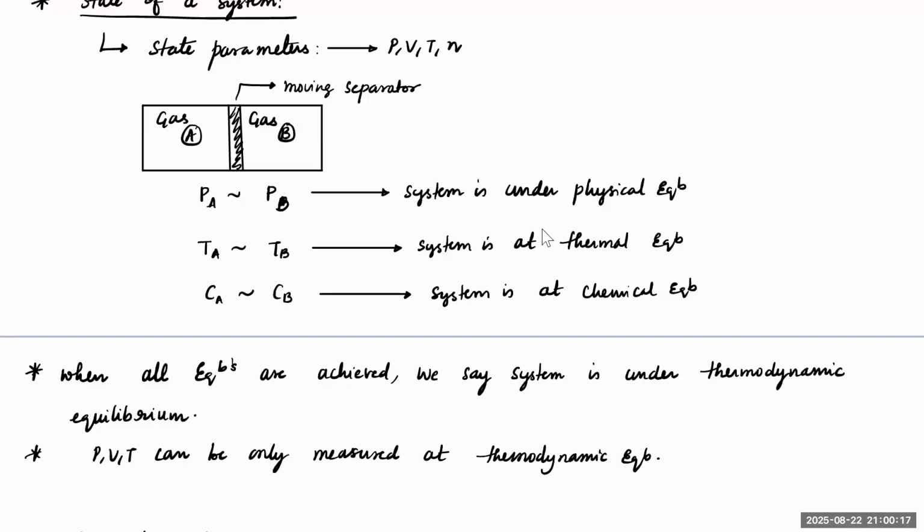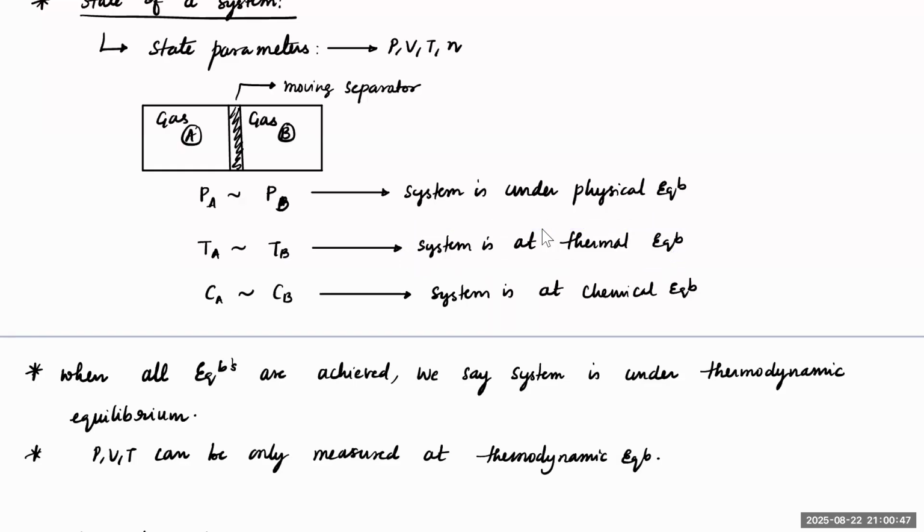When there is heat being gained or lost, the parameter associated with heat is temperature. So there is a gain or loss in temperature numerically. Thus, after heat exchange, when temperature on both the sides becomes equal, then we say the system is at thermal equilibrium.